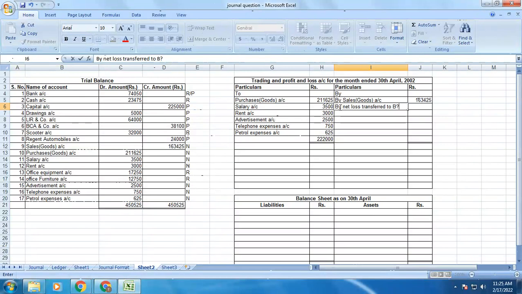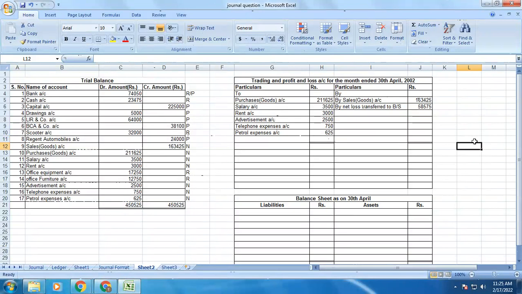I'm using the short form for balance sheet, which is B oblique S. By net loss transferred to balance sheet, in the amounts I'll say is equal to 2,22,000 minus 1,63,425. The difference of the totals on the two sides. So I'm deleting this from here.